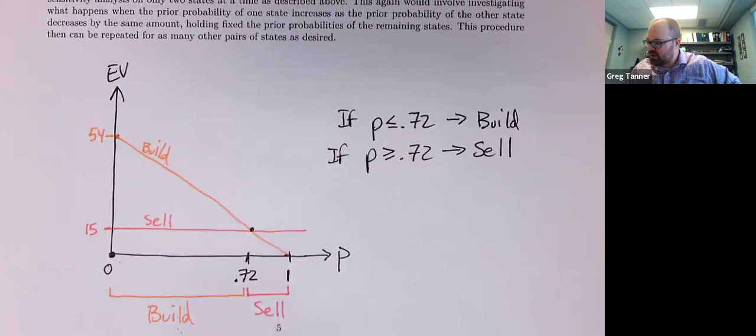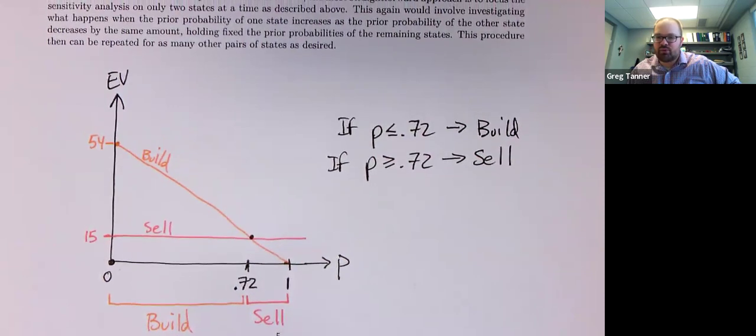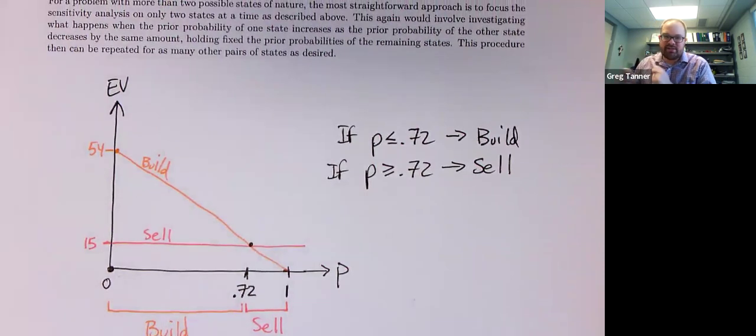I will say when there are more than two states of nature, usually you only look at the probability of two of those states of nature, and you fix the third state of nature at a constant probability, and look at the trade-offs between two of the states of nature. If you have more than two decision alternatives, you're essentially going to have multiple lines on this graph.